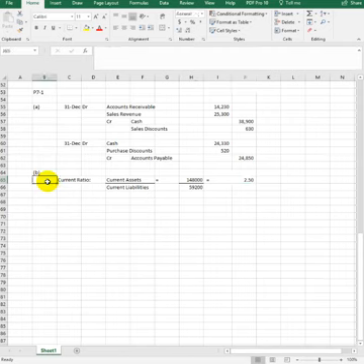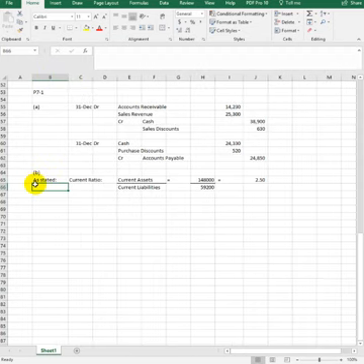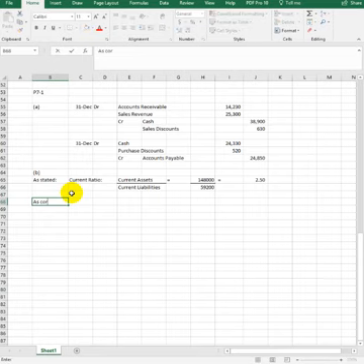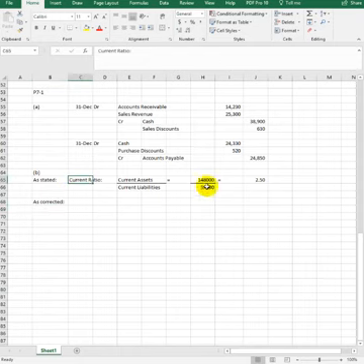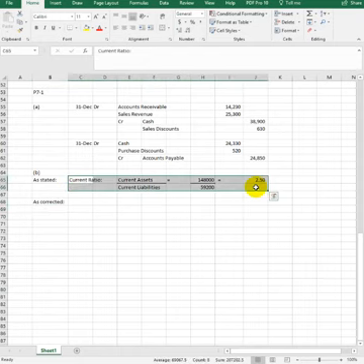So this is as stated, and then as corrected. And let's just copy all of this out, because we're just going to adjust those calculations.